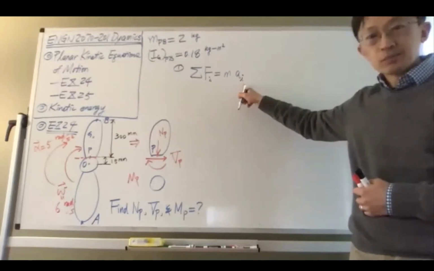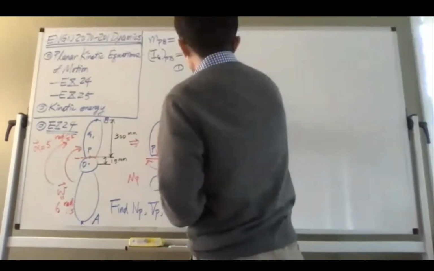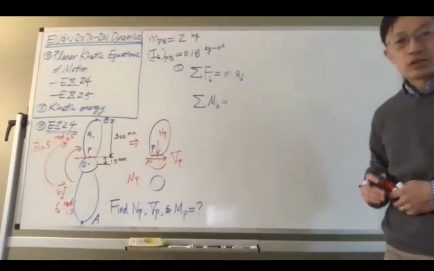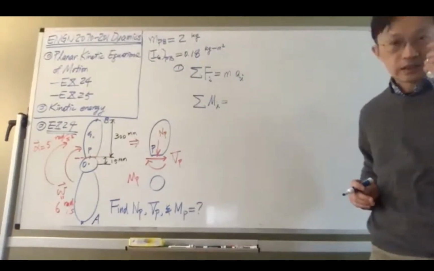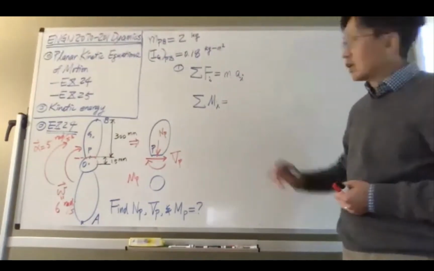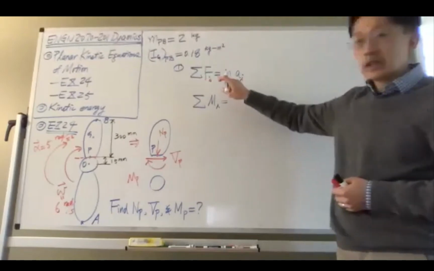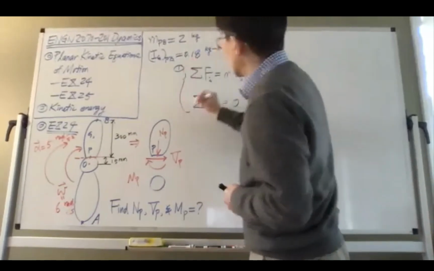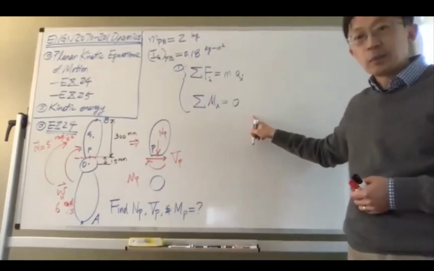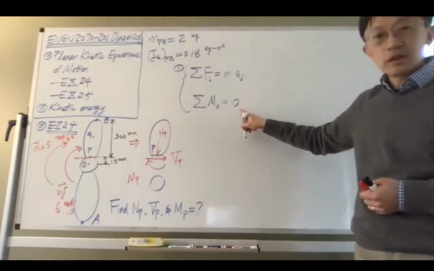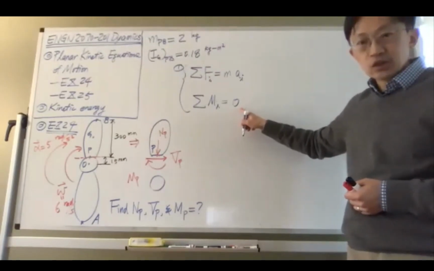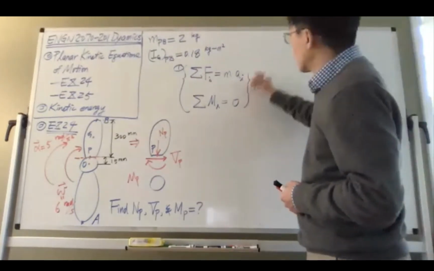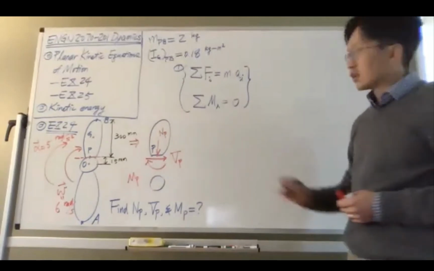We know this is linear motion, right? In angular motion, the same thing: the summation of all the moments in a certain direction must be equal to the moments produced here. In linear motion, we have this to be 0, because there's no angular inertia, or mass moment of inertia. So this is the governing equation for linear motion.